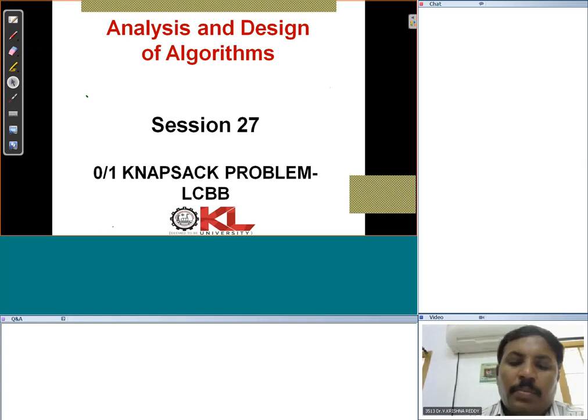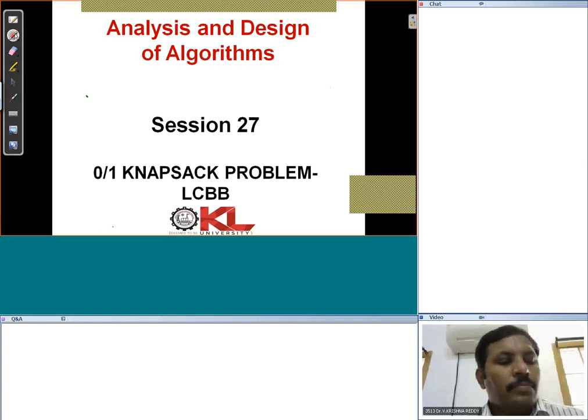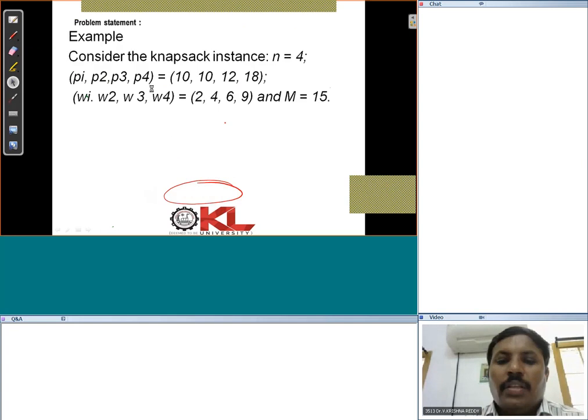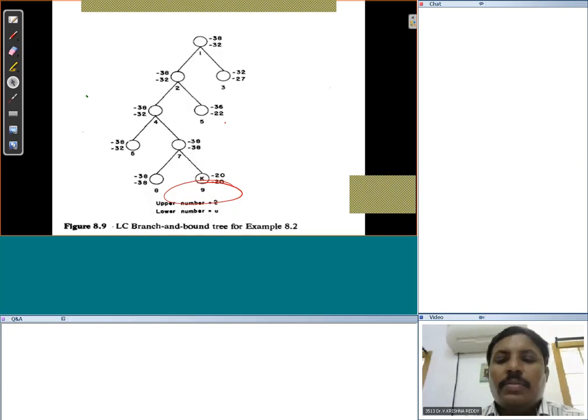Next concept is LCBB, least cost branch and bound. How do we execute the least cost branch and bound? We will see the tree representation. The example description is the same and the example is also the same.